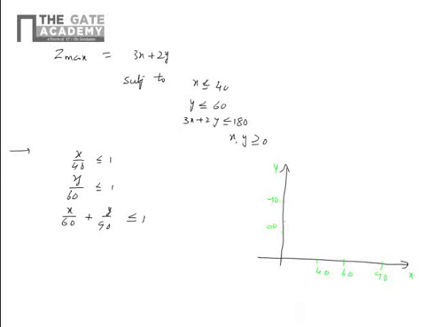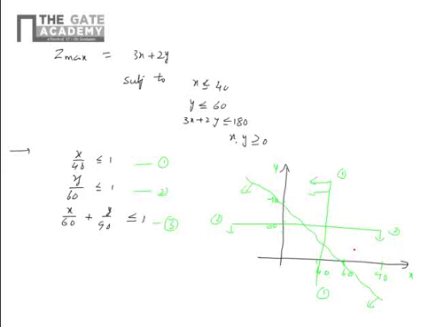So the first one is x less than 40, towards the origin. This is the first constraint. Next constraint, y less than 60. Second constraint. Next, third constraint: x is 60 and y is 90, so draw a line passing through these two points.